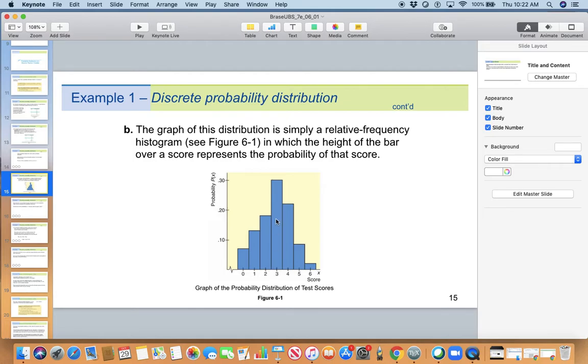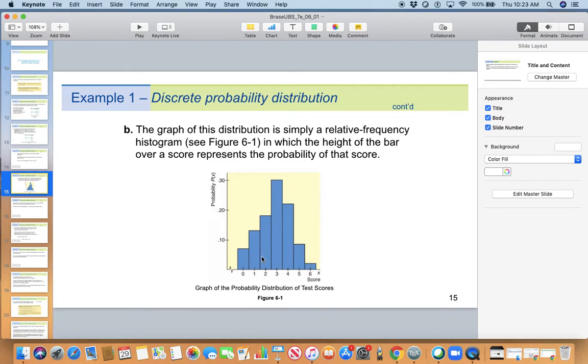Now, what is the area of this rectangle? Length times width. So you know that the width is 1 and height is 0.3. So the area of this rectangle is actually the probability at 3. The same holds for every rectangle.